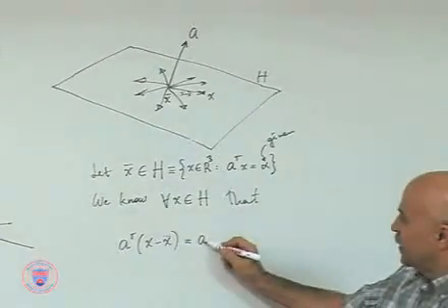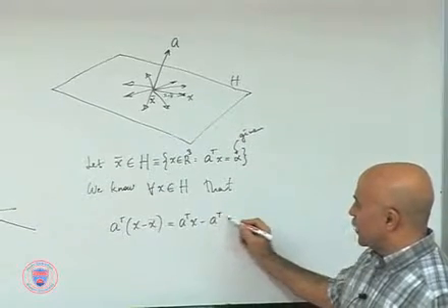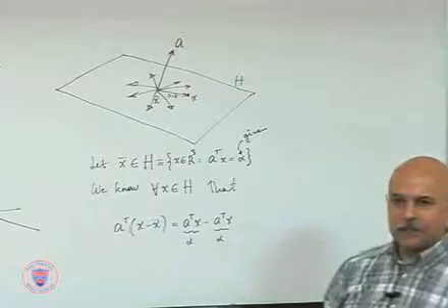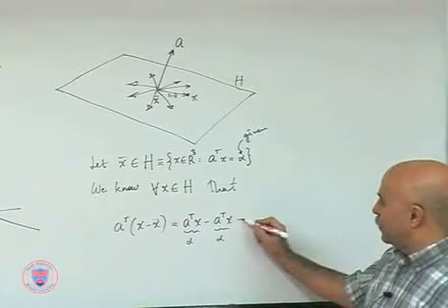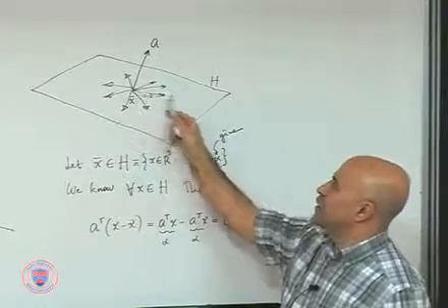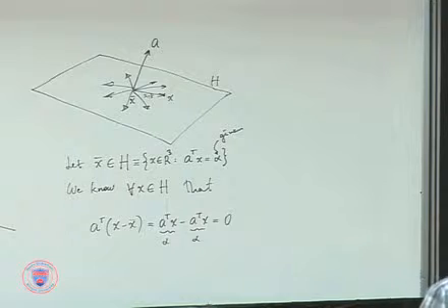The reason is A transpose x minus A transpose x bar: each one gives you alpha because each is on the hyperplane, and of course that outputs 0. That's why A is perpendicular to each such vector.